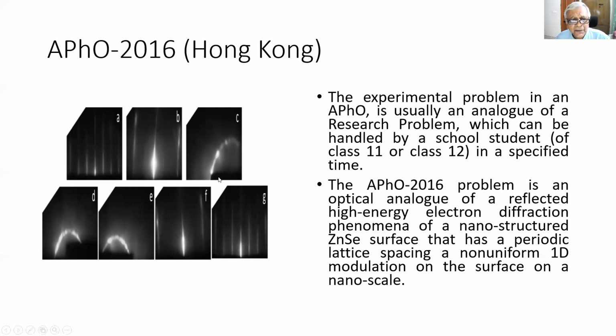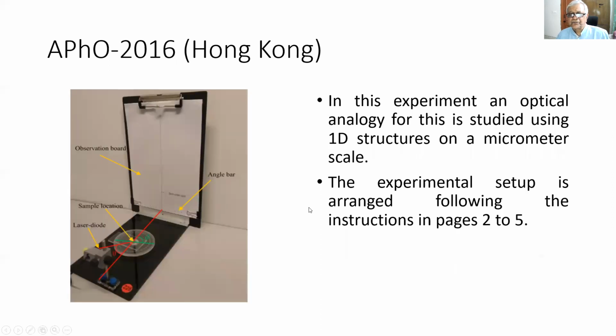So you can see that these are reflected spectrums or diffraction spectrums of the ZnSe, which are shown in these photographs out here. Now, the aim of the experiment is to understand this phenomenon with an optical analog so that we can actually do things on a micrometer scale and therefore is handleable.